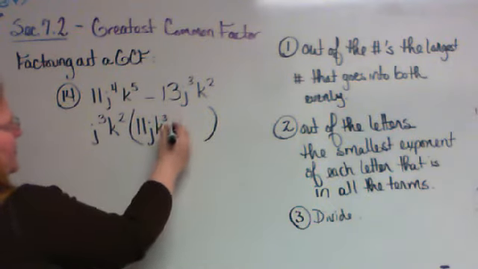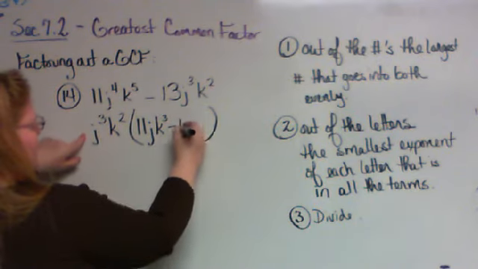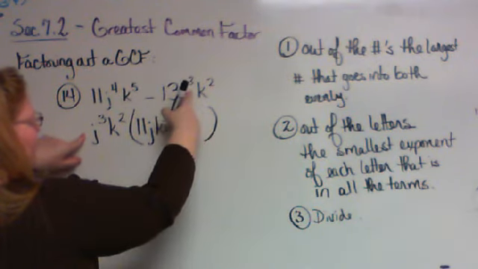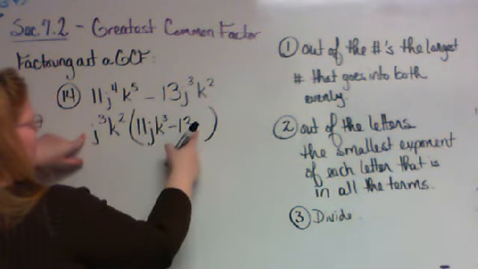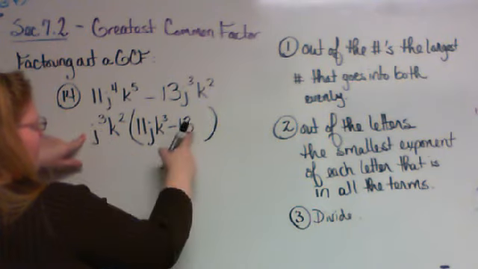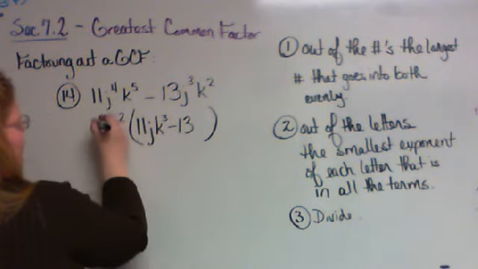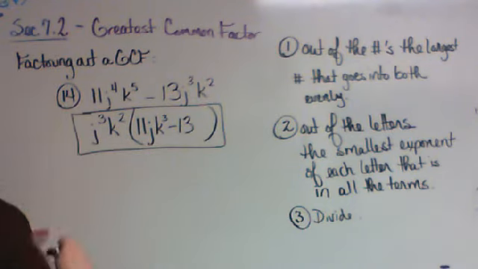And then over here, 13 over 1 is 13. 3 minus the 3 that we take out, well, that's no J's left. 2 minus the 2 that we take out is no K's left. And if you're worried about whether or not you have it right, you can always multiply it out to make sure.